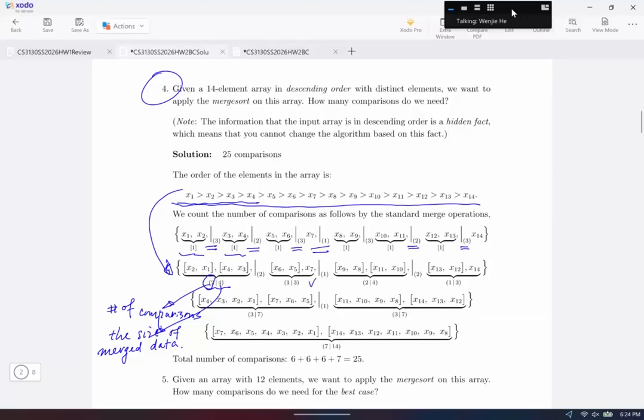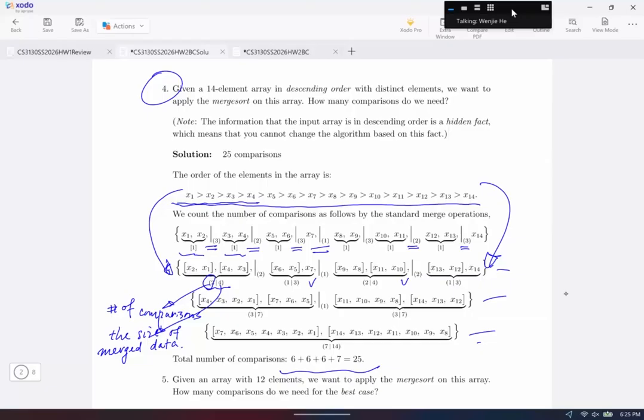Each merge step, based on the given order, you can count the number of comparisons. Then for every merge step you get a subtotal, and you add up all the subtotals to get a total. That's the right way to do it for a general input.